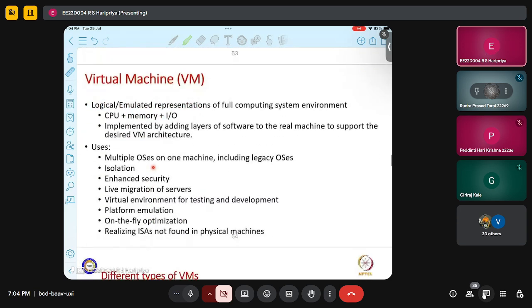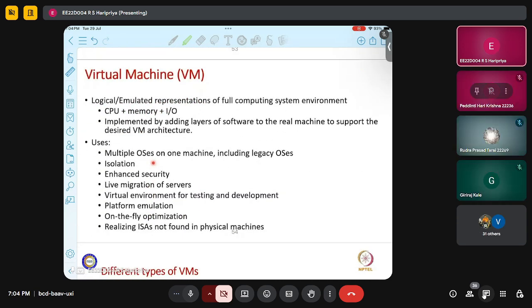Let's get into what a VM is. What are the different types of virtual machines? The idea is where we can virtualize, what level of virtualization we can do, and what the advantages and disadvantages are.